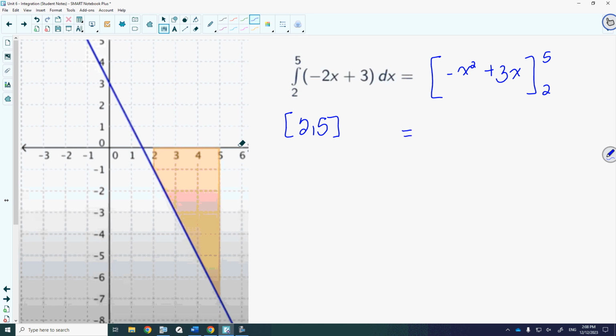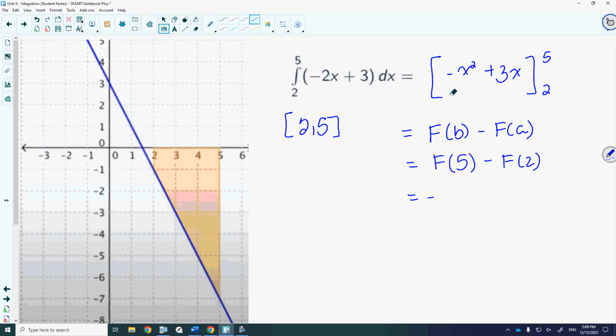So the fundamental theorem of calculus says that if f of x is continuous on the closed interval, and this is a continuous function from 2 to 5, it's going to be F of b minus F of a, and that's going to be F of 5 minus F of 2. From here, sub in your 5, which is your upper limit of integration, into your antiderivative.